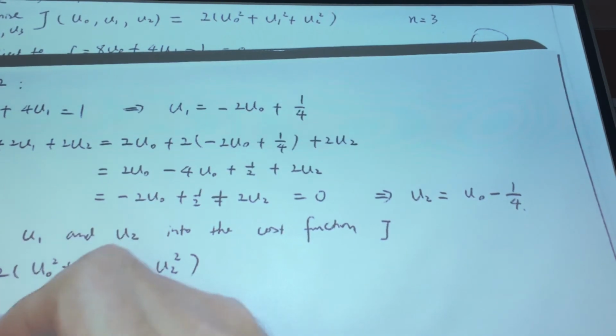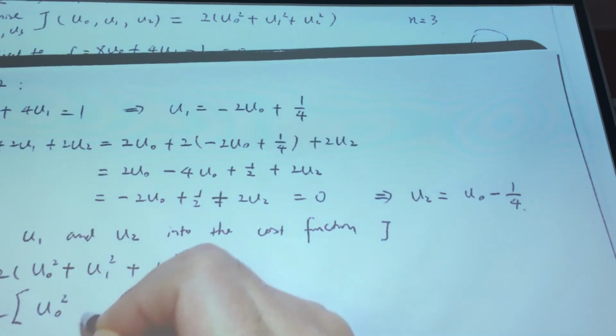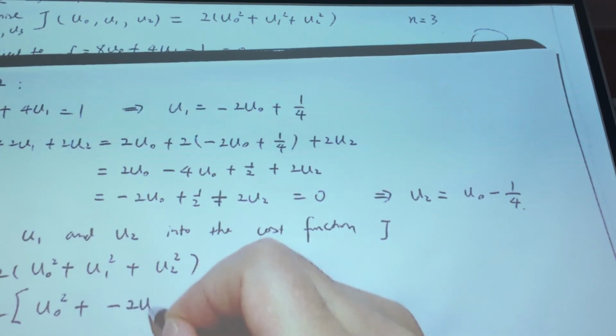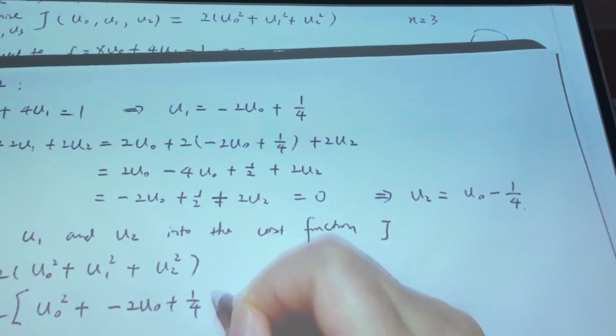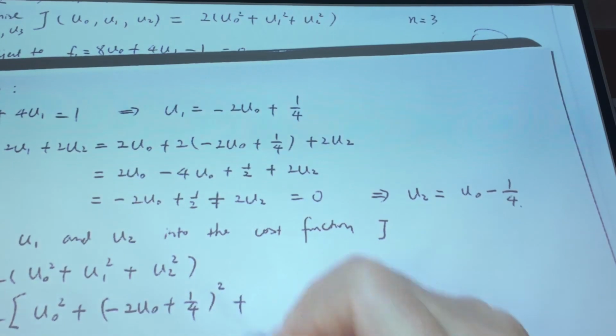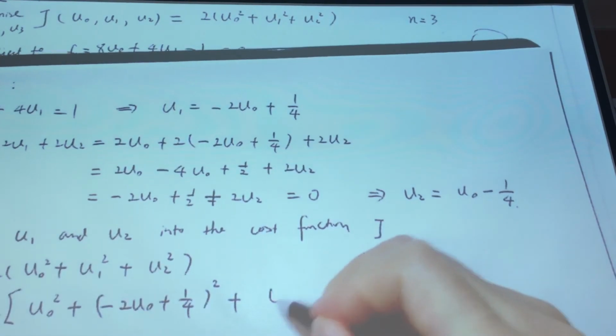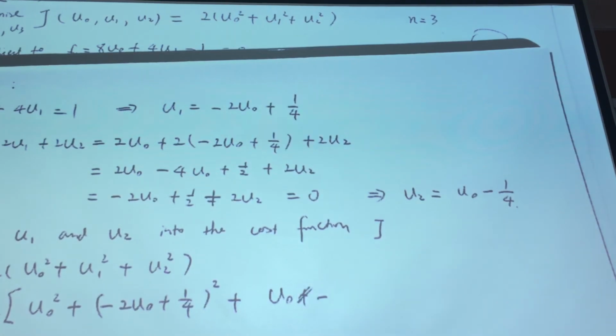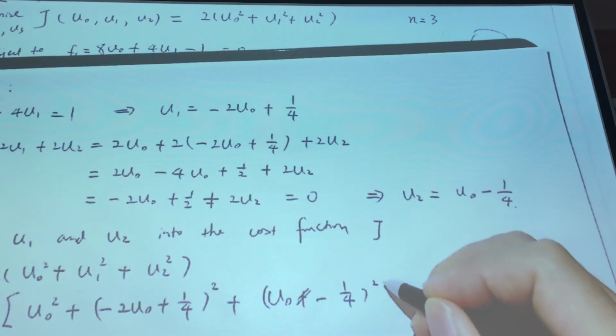This equals 2u0 square plus u1, given by minus 2u0 plus a quarter, squared, plus u2, which is u0 minus a quarter, squared.